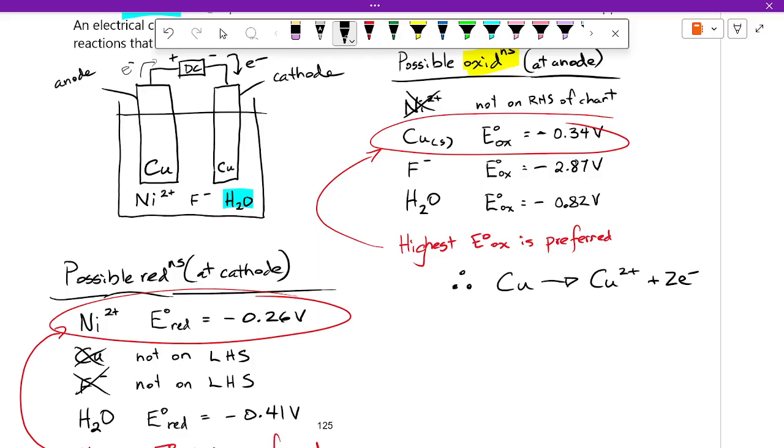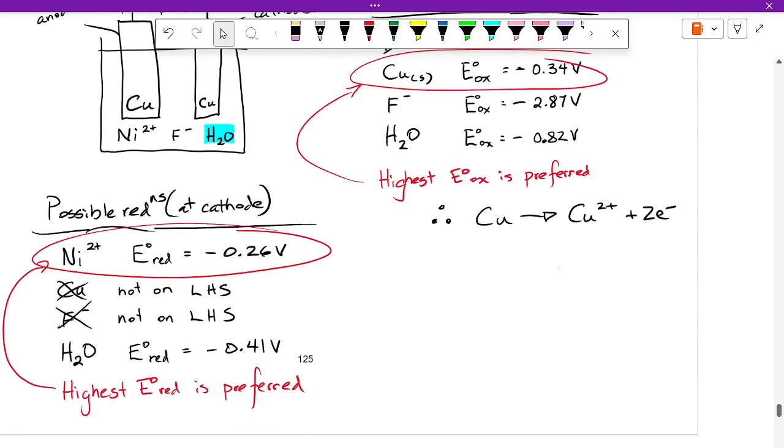And for our cathode, we would have nickel 2 plus being reduced.